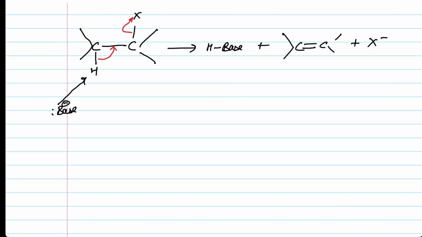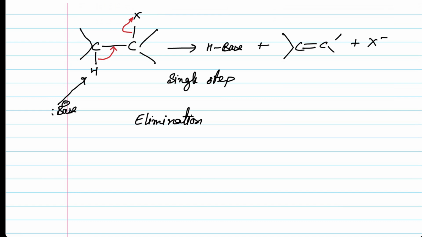Now this entire reaction takes place in a single step with a transition state. No intermediate is formed. The reaction which takes place in a single step is obviously termed an elementary or a single step reaction. Now this is an elimination reaction. And the single step of this particular reaction involves two independent species.